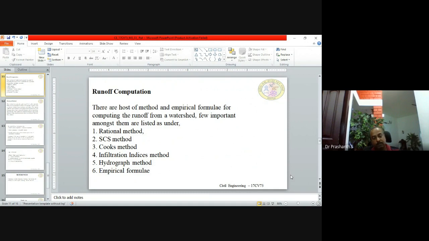Some of the important methods are rational method, SCS method, Cook's method, infiltration indices method, hydrograph method, and empirical formulae. Generally we use the rational formula method, and the hydrograph method are the popular ones that are generally used.